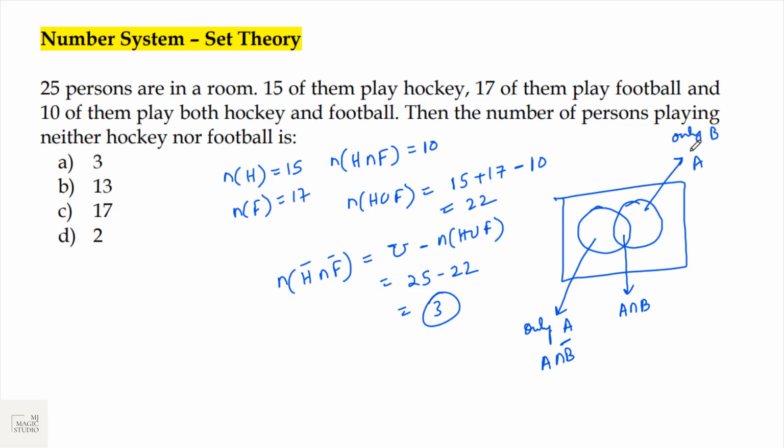This portion is only B, which is A complement intersection B. And this remaining fourth portion, which is neither A nor B, is A complement intersection B complement. Which if we see carefully, is the universal set total value minus A union B. So we have used the same formula and the answer is 3. Option A is the pick.